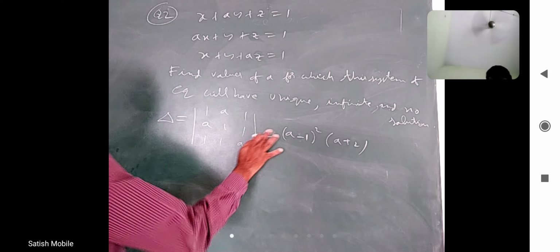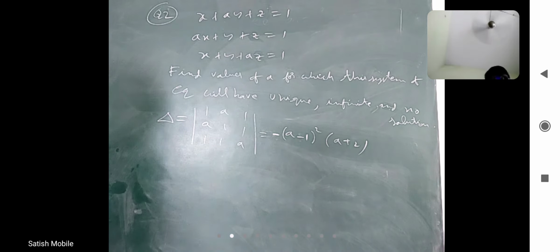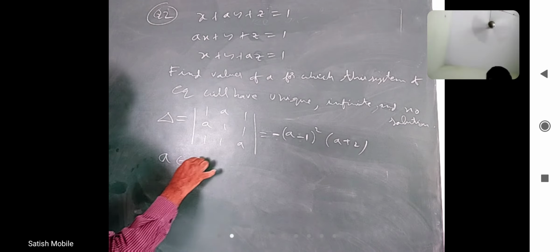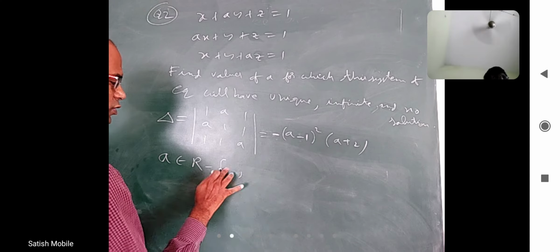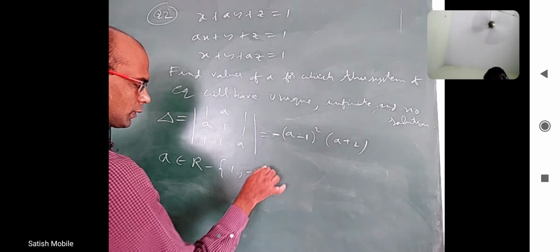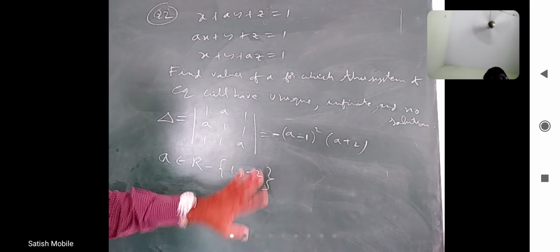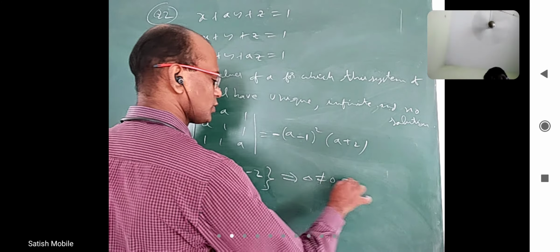Maybe with a minus form. Okay. So now, if a is any real number except 1 and minus 2, delta is not equal to 0, which implies a unique solution.